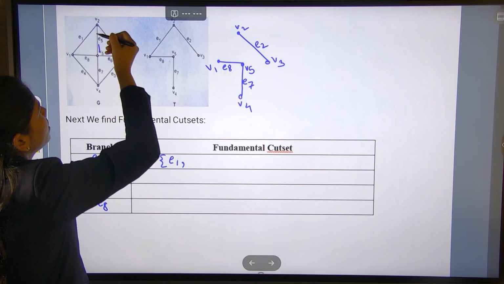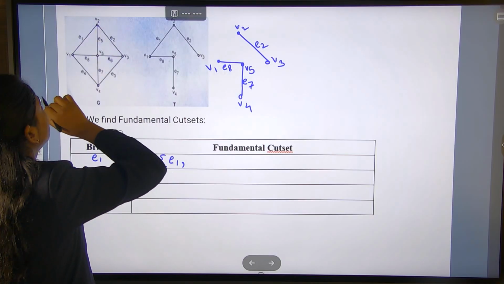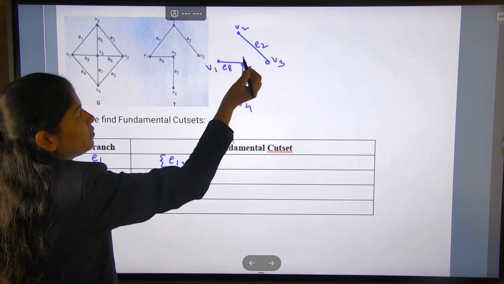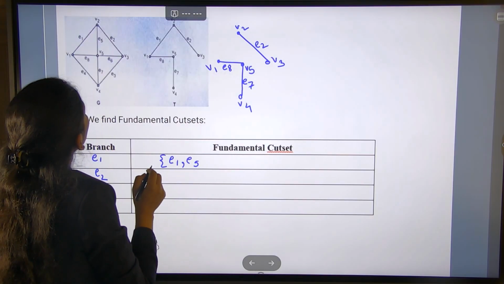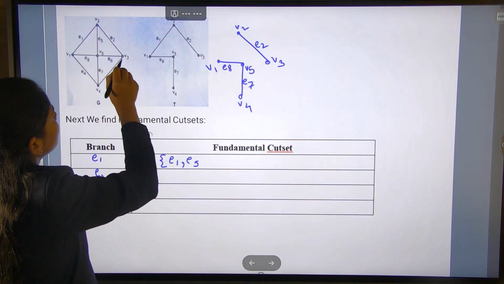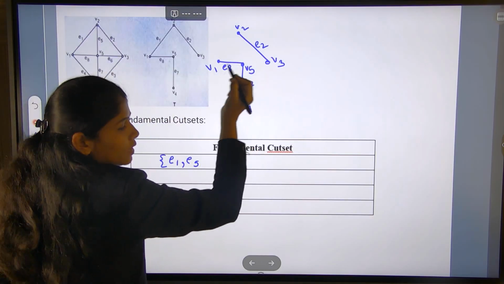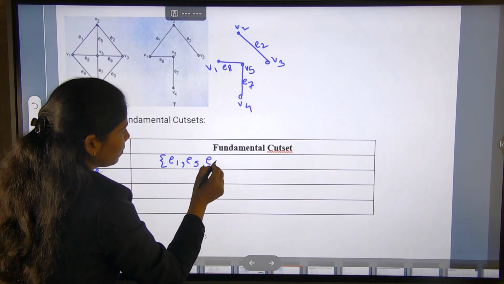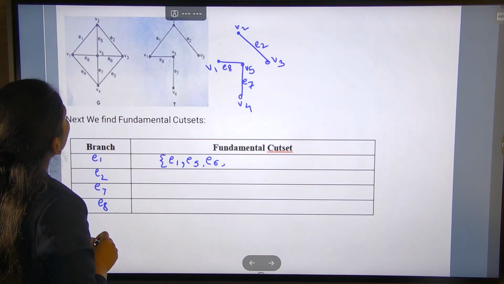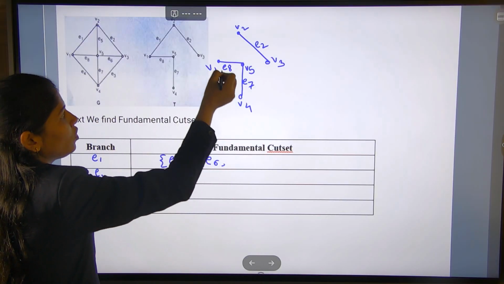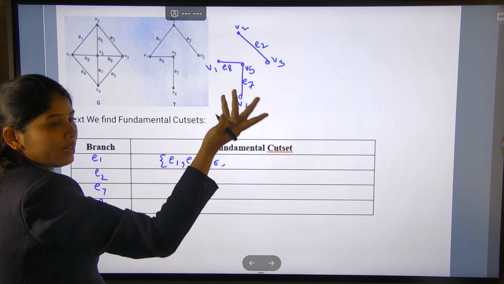If you join this chord E5, then it will connect. Therefore write down E5. Then if we join this E6, here we will get the connected one. Therefore write down E6. Then if we join E4, we will not get the connected one, therefore don't write E4.